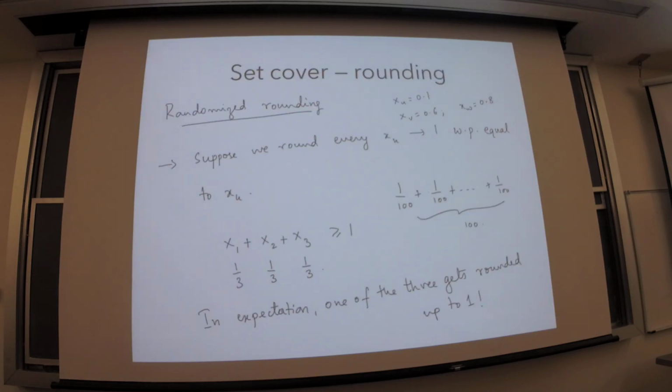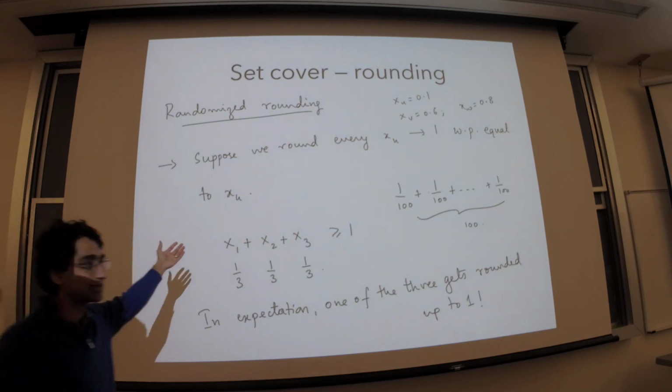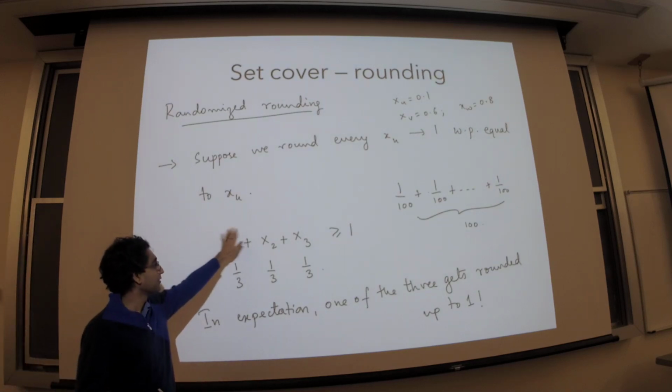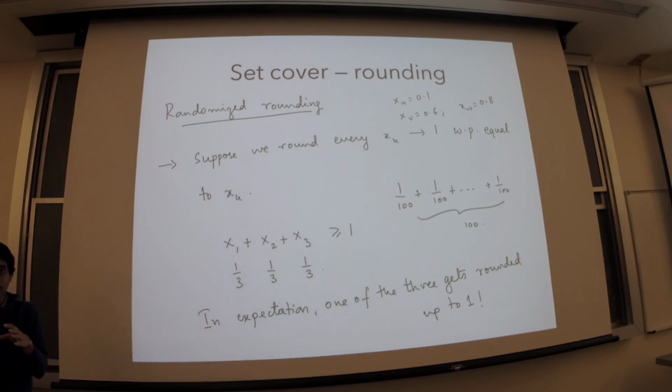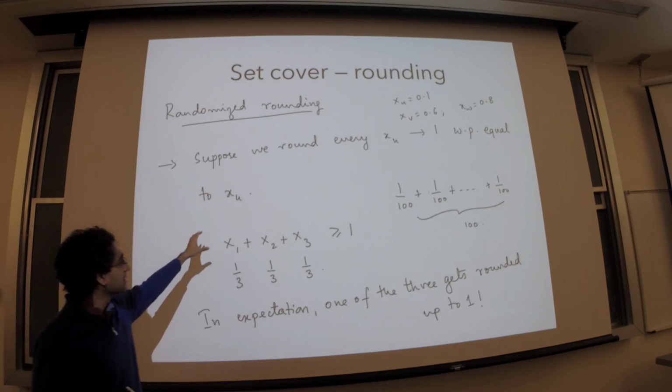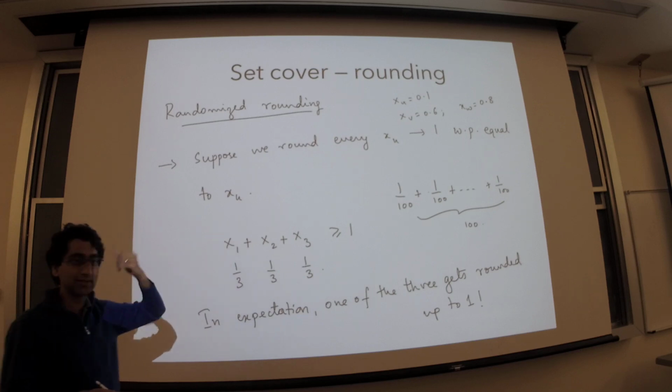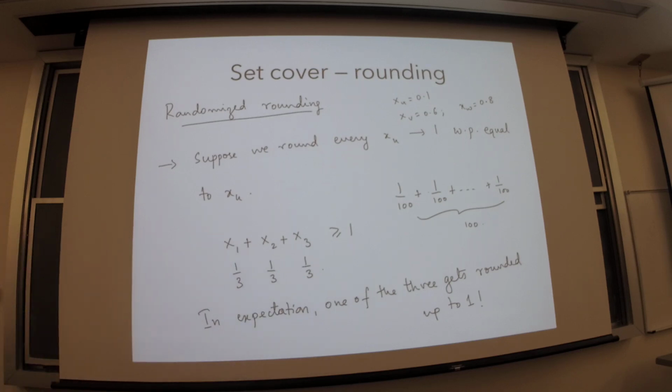What we argued here is that in expectation, one of these will be rounded up to 1. But we may not be happy with that in set cover, because for each of these skills, you want somebody who's an expert. So satisfying a constraint is not negotiable. It's not something that can happen in expectation. It really has to happen with certainty.